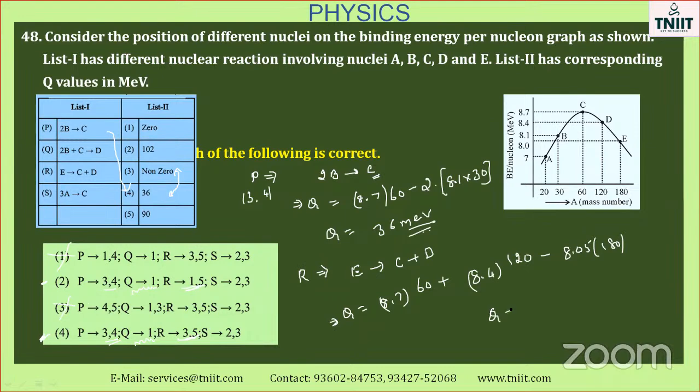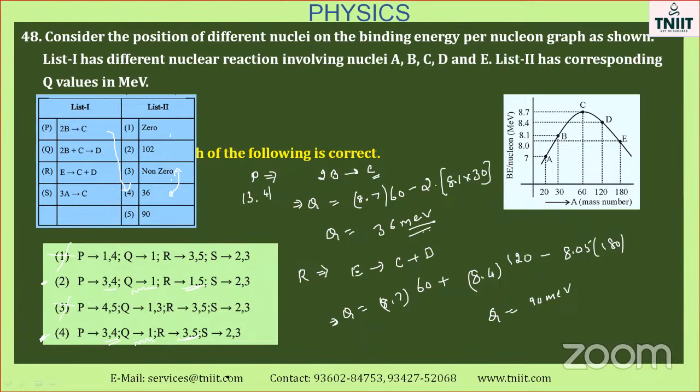So definitely this value is going to be close to 90 mega electron volt. So that 90 is there with 5, but it can't be non-zero. It should be 0.